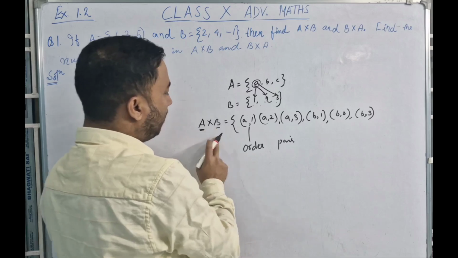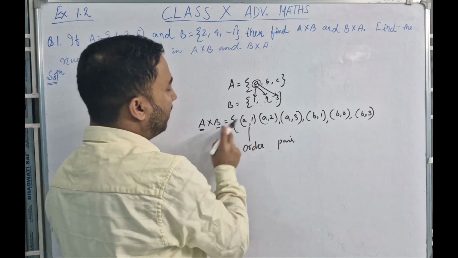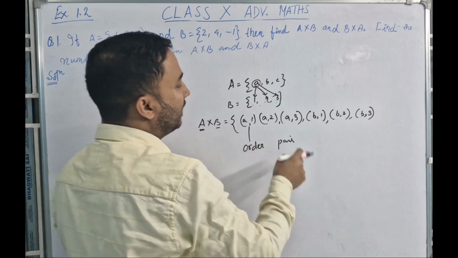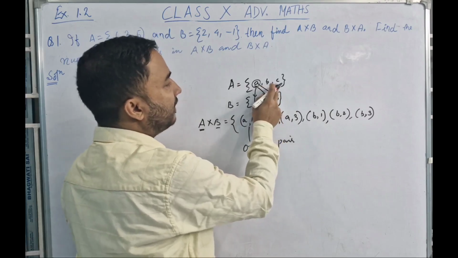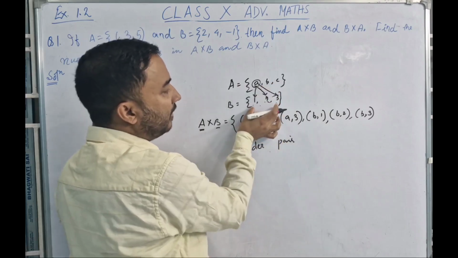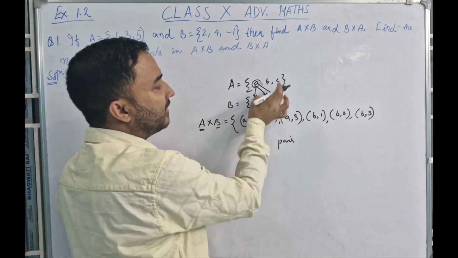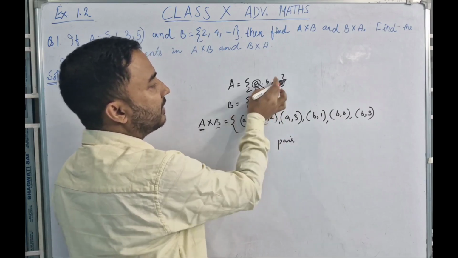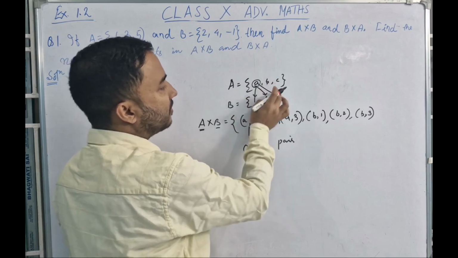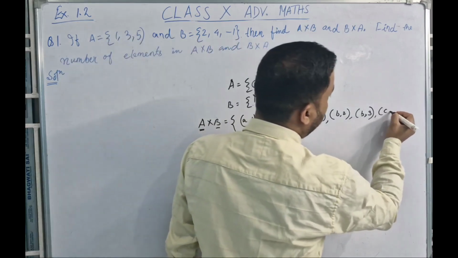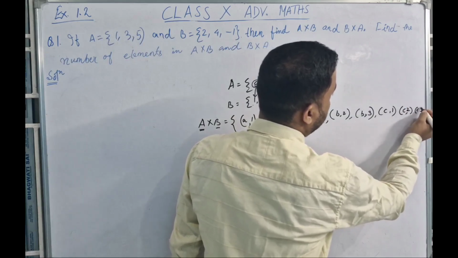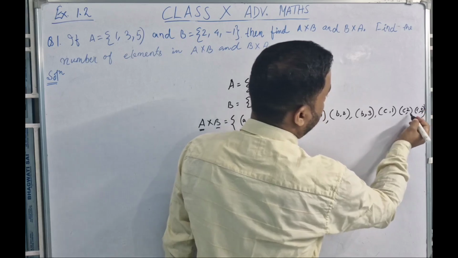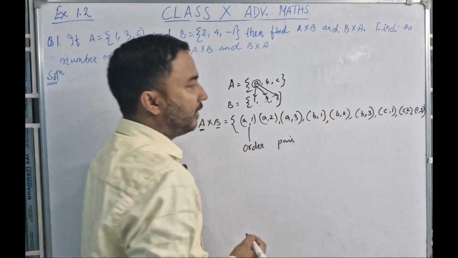If it is B cross A, then the first component will be from the set B only. After b, is there any other element in the set A? Yes, c is there. So all the elements of the set B will also come as ordered pairs with c, say (c, 1), (c, 2), (c, 3), separated by commas.